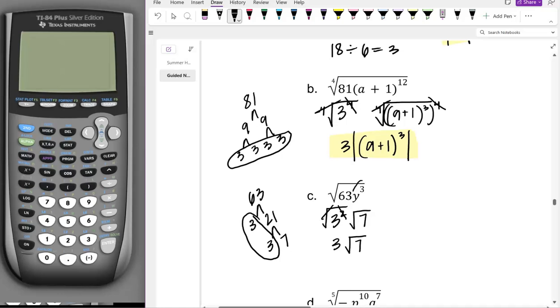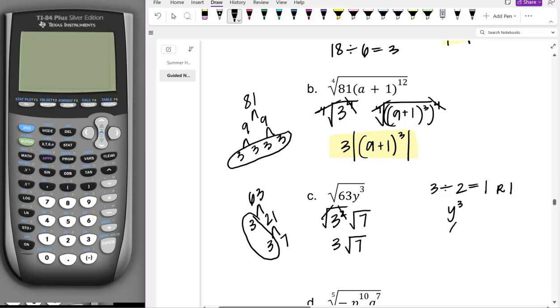Similarly on y cubed, the square root of y cubed. When I think about taking that power of 3 and dividing it by the number on the radical 2, it doesn't go in evenly. It's 1 with a remainder of 1. So you can think of this on a factor tree.